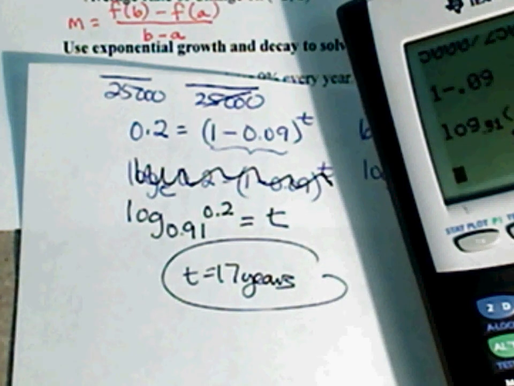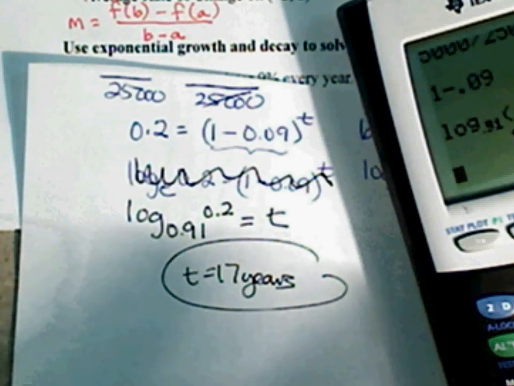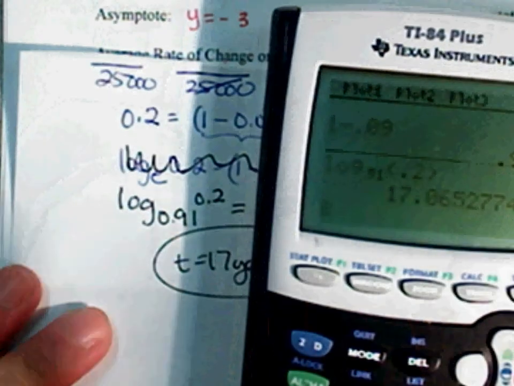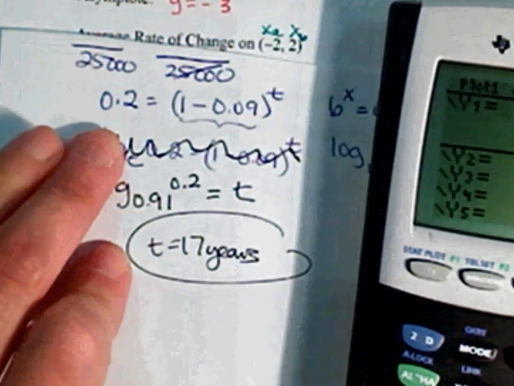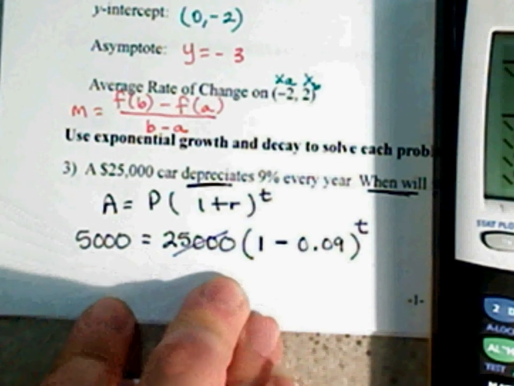The intersection requires you to mess with your window a little bit. If you do it the other way, this is what you do. If you do it with the window, you're going to type in 5,000 right here.